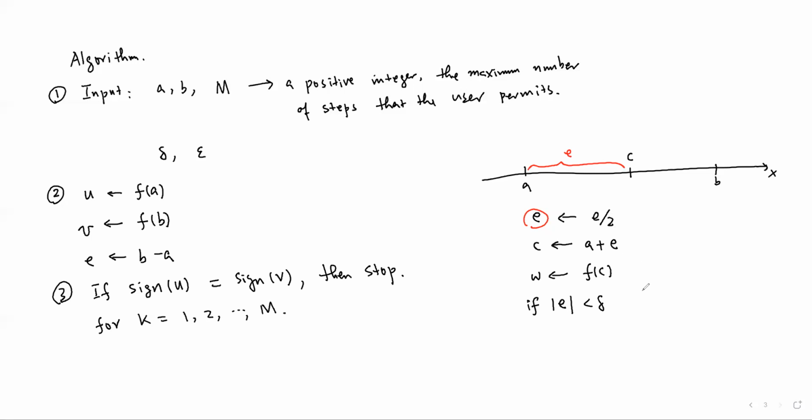Or, W is the function value at the midpoint, and if the absolute value of W is less than epsilon, if either of these two conditions is met, then we stop running the algorithm and output the midpoint C as the root.